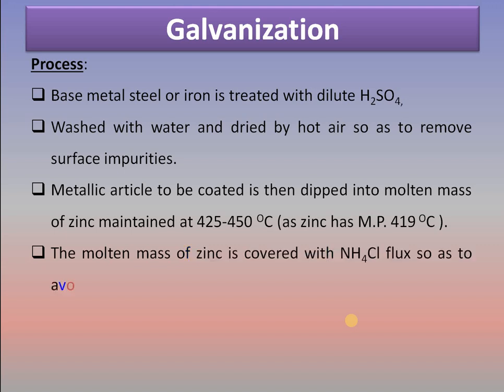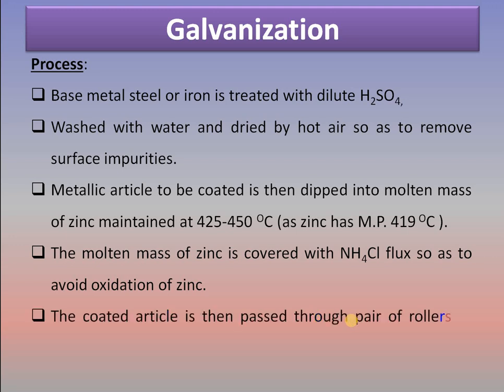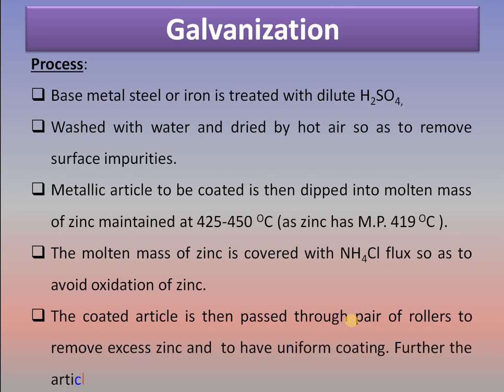The molten zinc is covered with ammonium chloride flux so as to avoid oxidation of molten zinc. The coated article is then passed through a pair of rollers to remove excess zinc and have a uniform coating. Further, the article is cooled slowly.